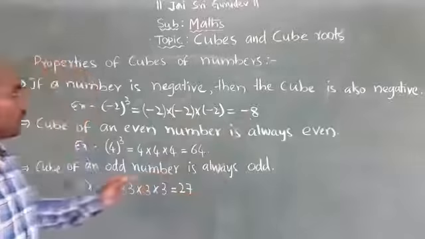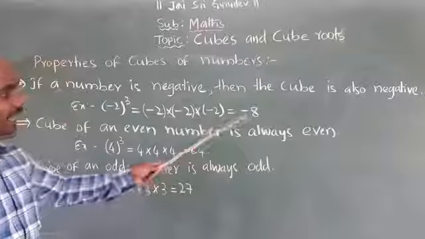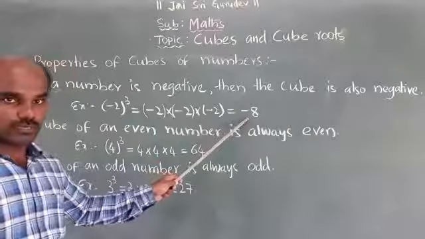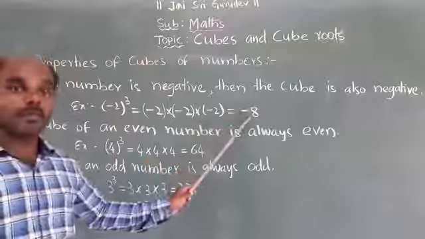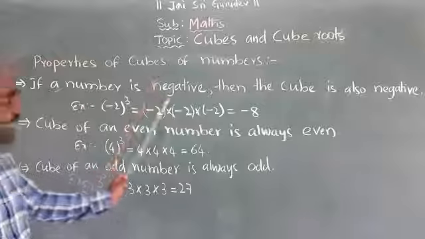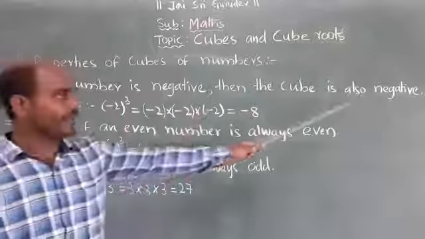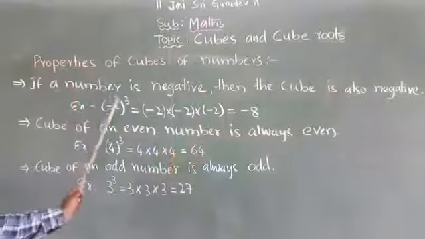Yes or no? So -2 is a negative number and its cube is also negative, -8. So the cube of a negative number is also a negative number. This is the first property.